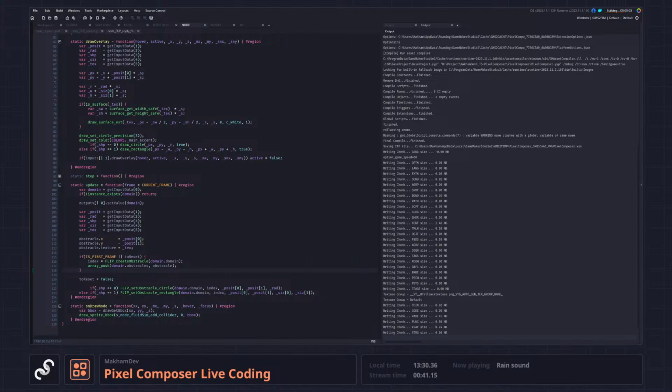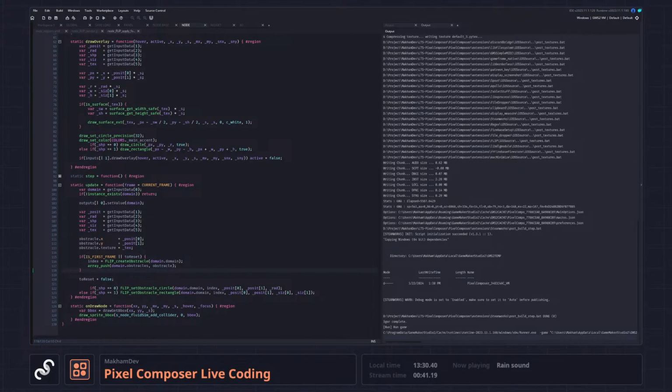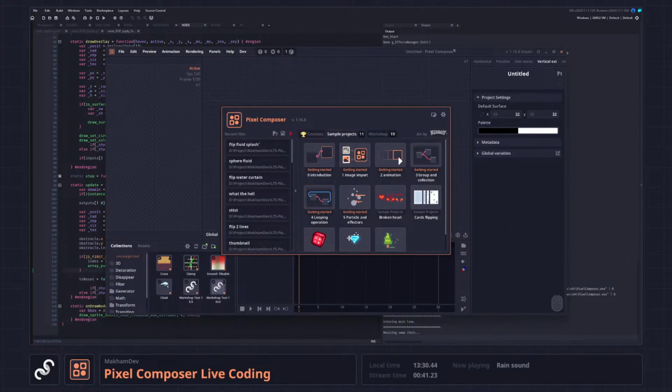Hi, Pixel Composer is an amazing program. Thank you very much. You developed it all alone? Yes, I mean, it wouldn't be fair to say I developed it alone. I have a lot of help from different libraries and inspiration from anywhere. But coding-wise, most of this code I typed alone. I didn't have a coworker or anything like that.